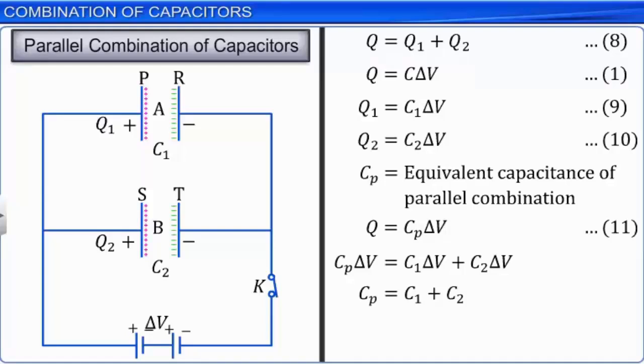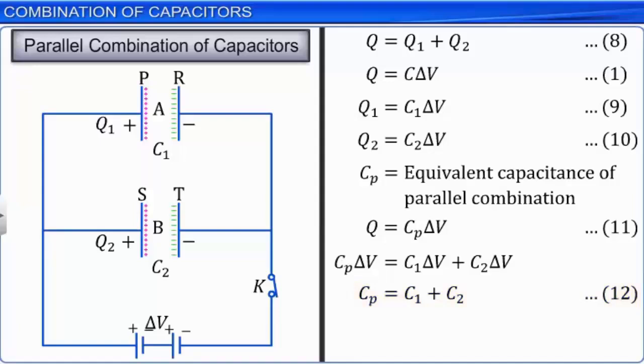Equation 12 gives the relation between the equivalent capacitance for the combination of two capacitors connected in parallel and their individual capacitances. The equation can be extended for any number of capacitors with different capacitance values connected in parallel.